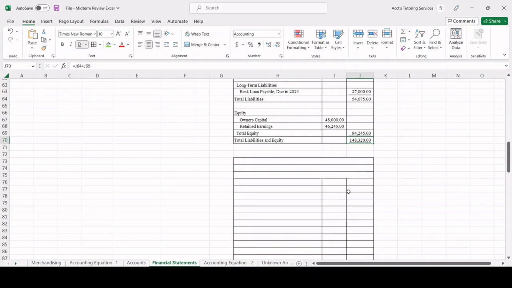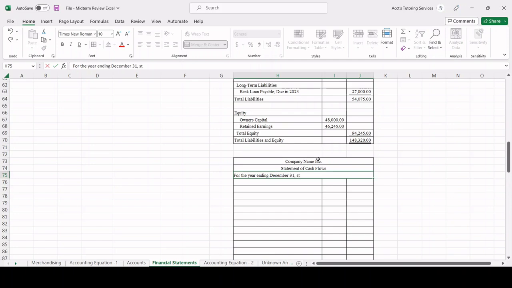All right, next we're going to go into the cash flow statement, the last statement. So once again, company name Inc. In this case, it's called a statement of cash flows. Okay, statement of cash flows, and this is going to be for the year ending, or the period ending, December 31st, 2021.